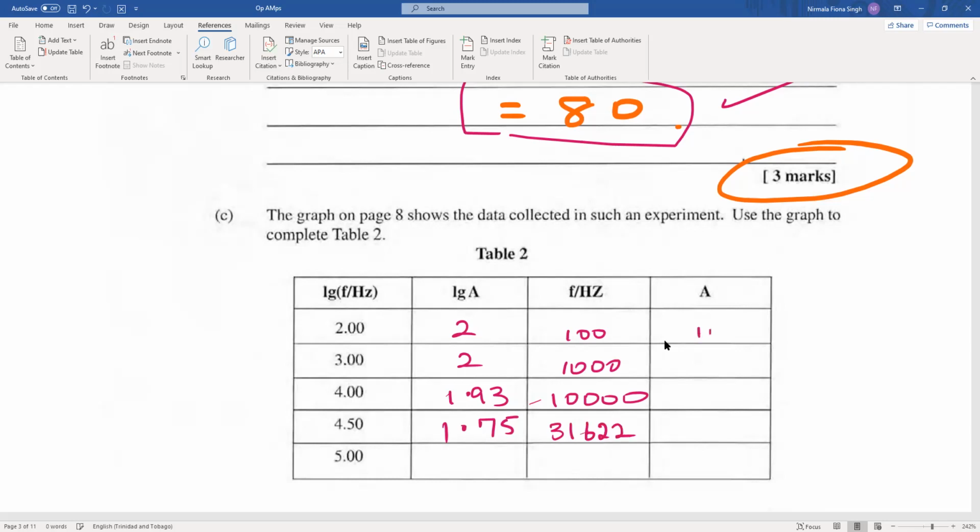You just put in your values and work it out, hitting second function log on your calculator. Second function of 1.93 gives 85. This is supposed to be getting smaller, because your gain will decrease as your frequency gets larger. So you complete your table.